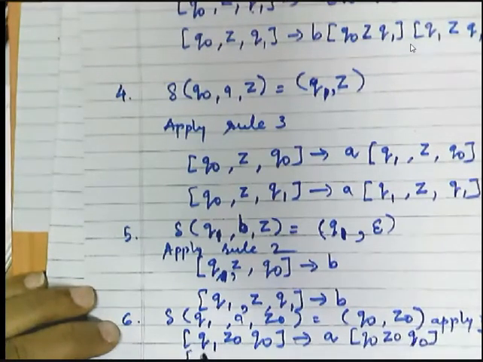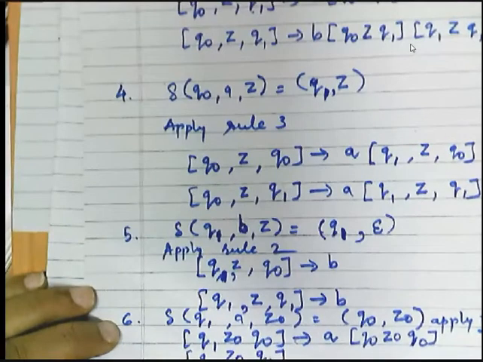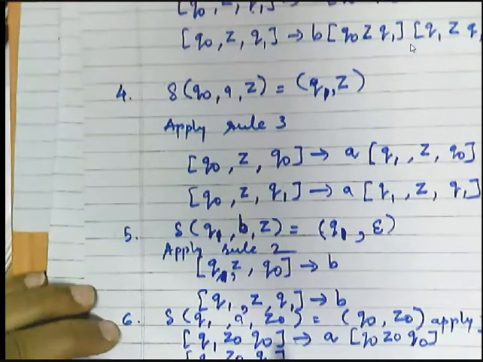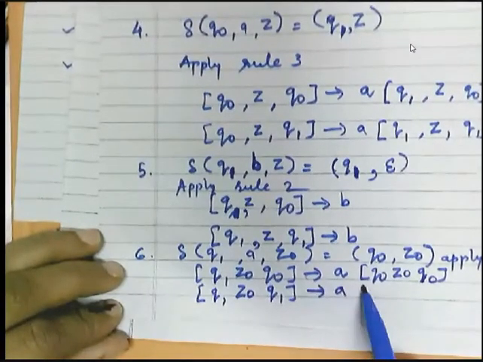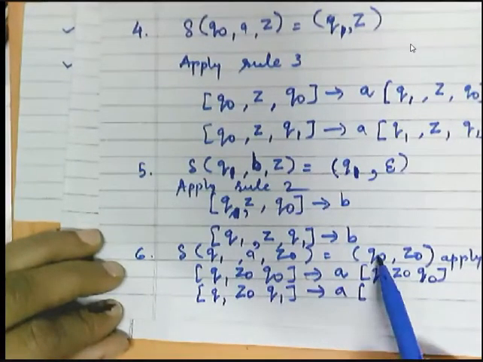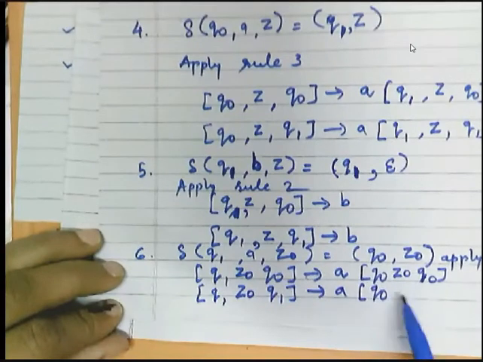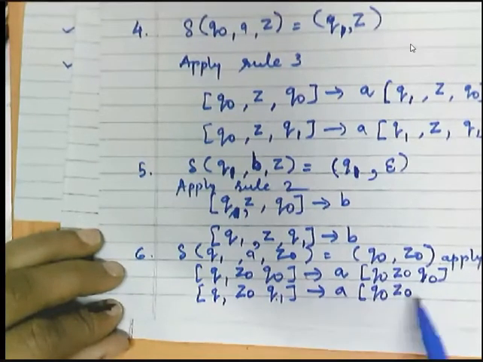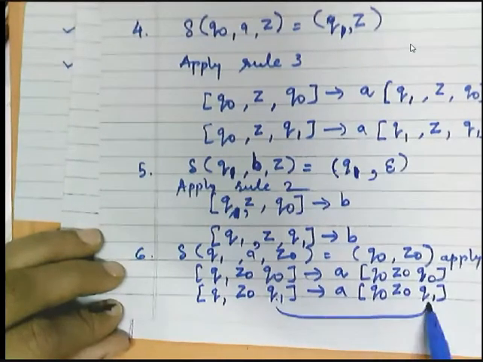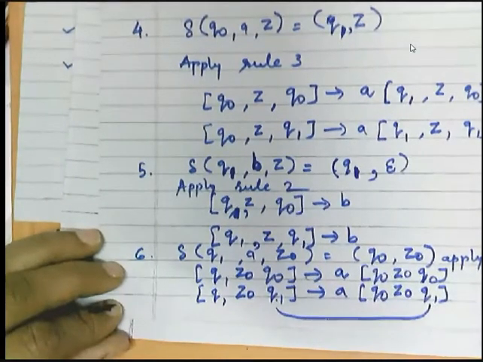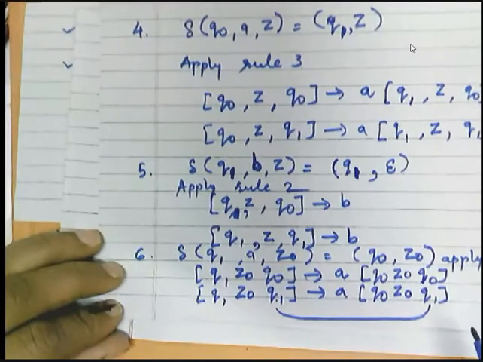Similarly, Q1 Z0 Q1 for all states. There is a change here. Q0 and Q1 is producing A, then this Q0, and now this Z0, and it should end with this Q1. So these should match. So this will be the production rules.